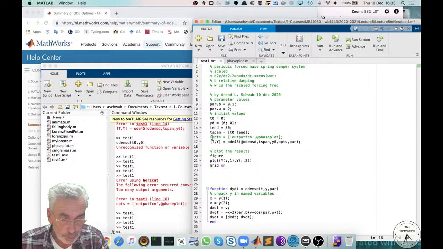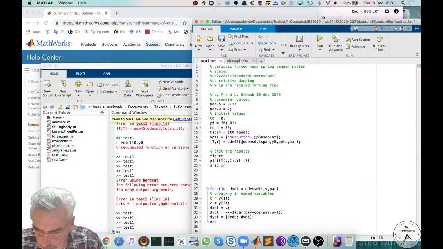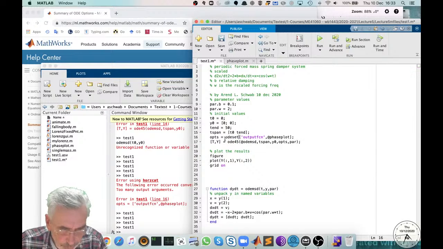So now we know what a phase plot is. Output function is phase plot. Did I do that well? Of course, ODE set. That is the function we need to set these things.